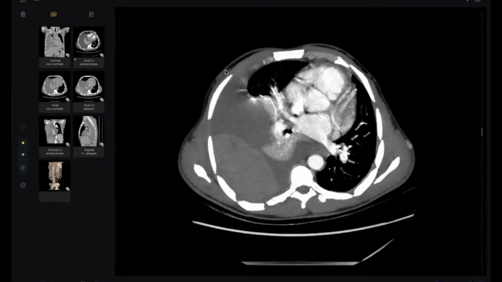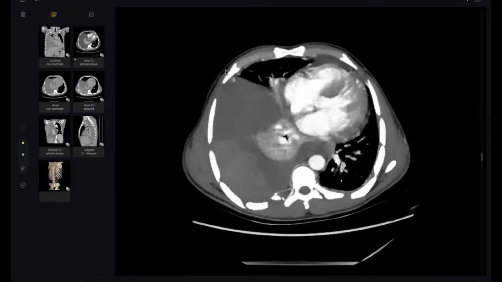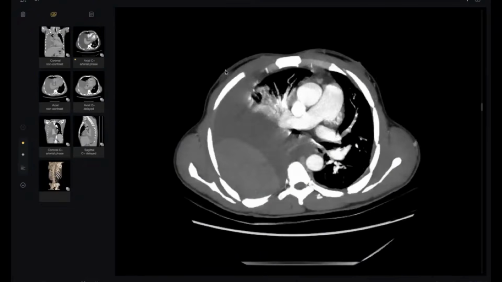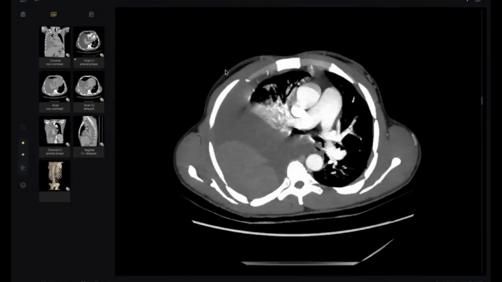I would like to scroll up and down. Can I see the lung window? No lung window. Concentrate on this, please.